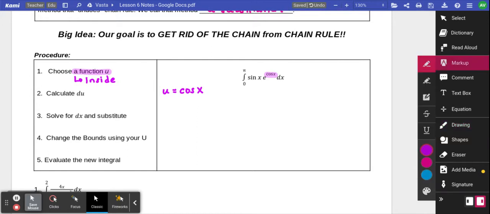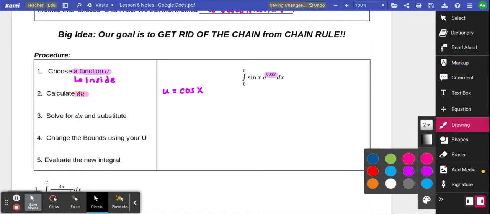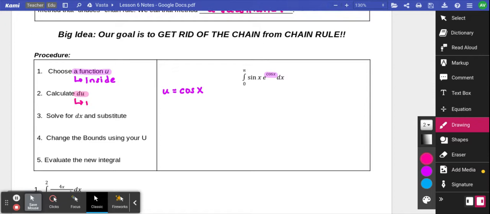The second step of U-substitution is to calculate your du. When I say du, I mean the derivative of whatever you just decided that u was. Basically, you're identifying the chain. In order to figure out what the chain would have been when we took the derivative, we need to figure out what the derivative of the inside function was.